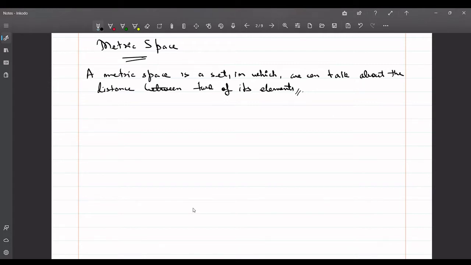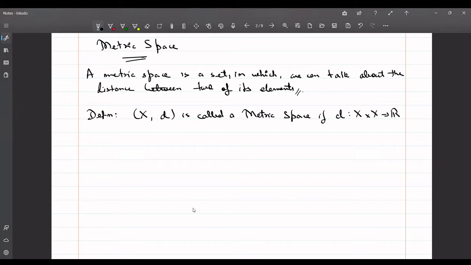Now going by the mathematical definition, we might say it like this. A set X with respect to a function D is called a metric space if D, which is a function from X cross X to R, obeys the following conditions.